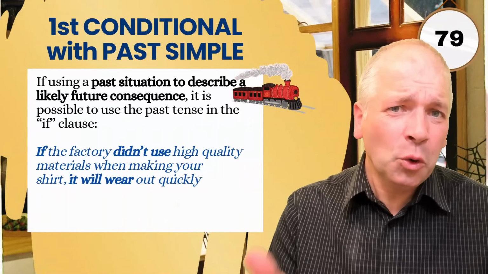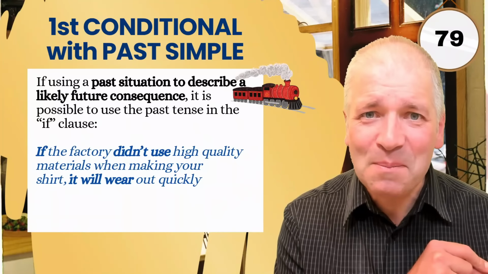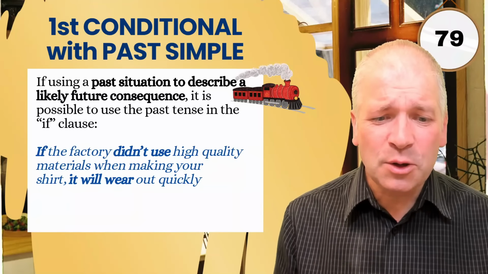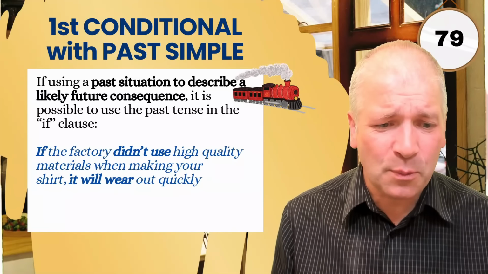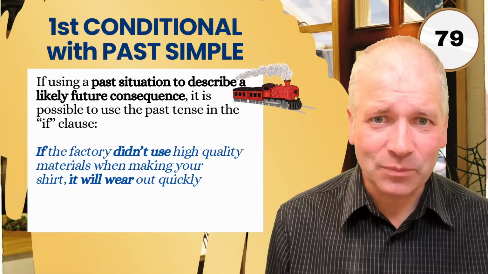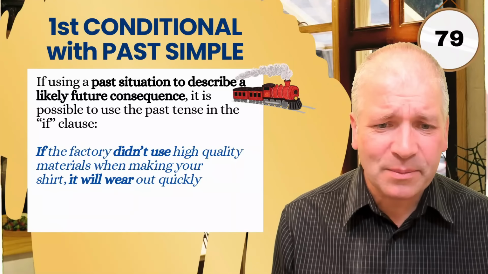The first conditional normally goes with the present tense, but we can use the past simple. Look at this. If the factory didn't use high quality materials when making your shirt, it will wear out quickly. Notice didn't use is in the past tense.